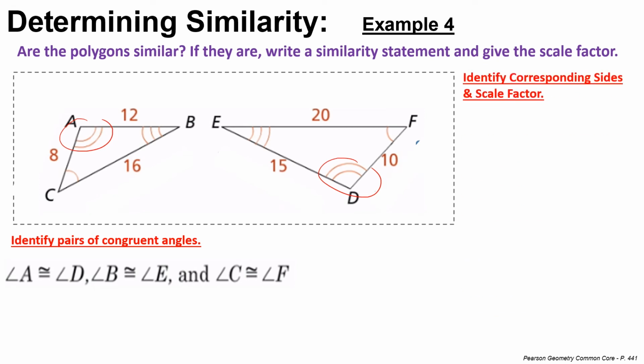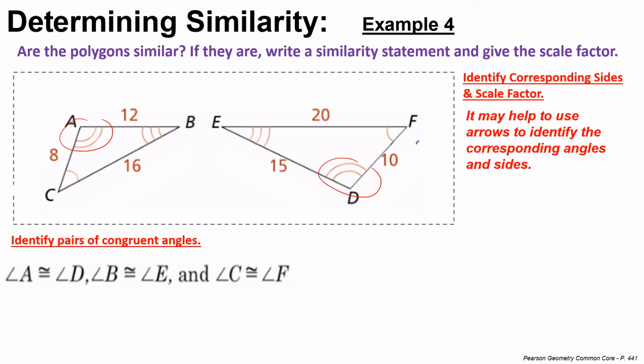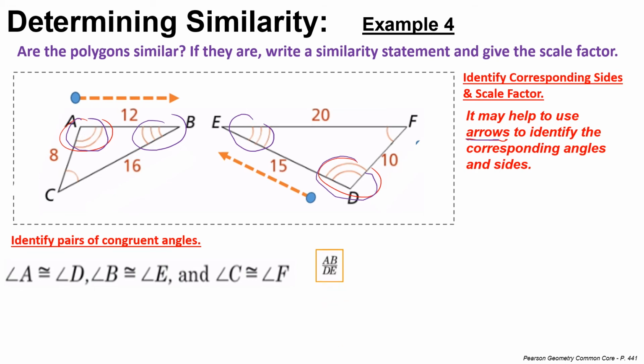Next, we want to identify the corresponding sides and the scale factor. It helps to identify the corresponding angles and sides if we draw arrows. Right here, if I draw an arrow from A to B, you can see I have 2 arcs for angle A and 3 arcs for angle B. Here I have 2 arcs for angle D and 3 arcs for angle E, so my arrow would go from D to E. Those are my corresponding sides, so I can set up a proportion AB over DE.